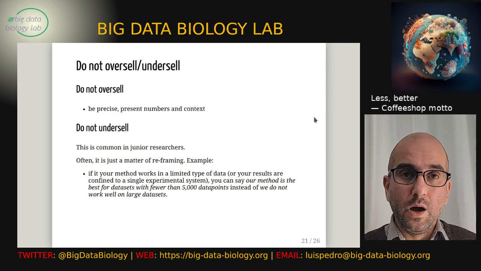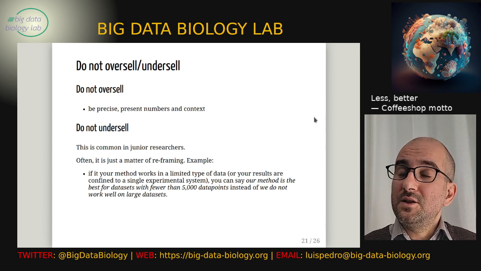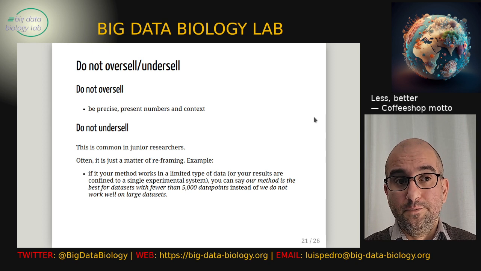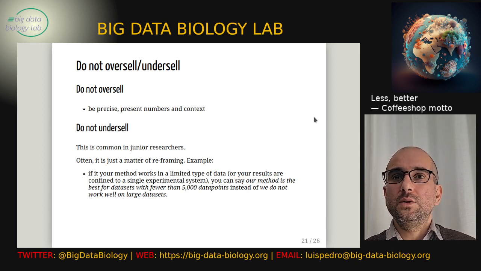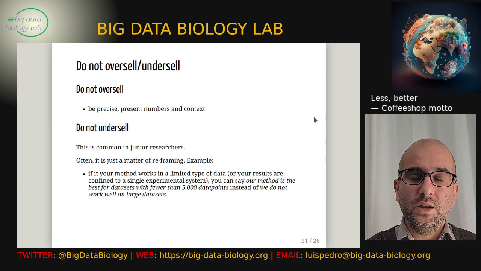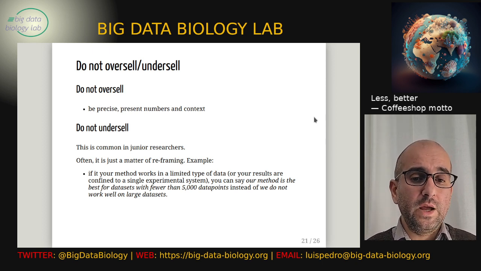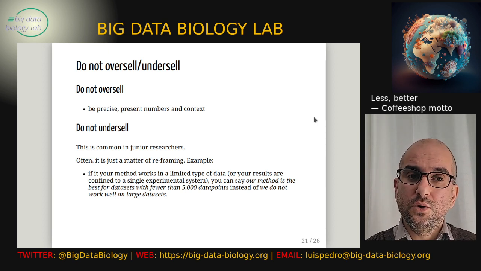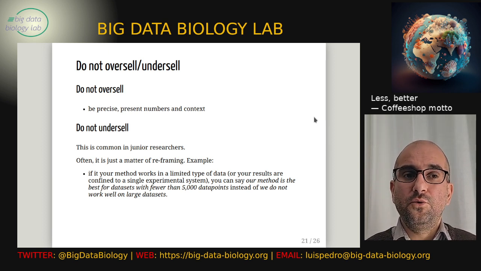Don't do that. But the opposite problem, which often happens more with junior researchers, is they undersell. They're so worried about not exaggerating that they end up focusing on the negatives. I'm not saying you should not be forthcoming, but focus on the positive.